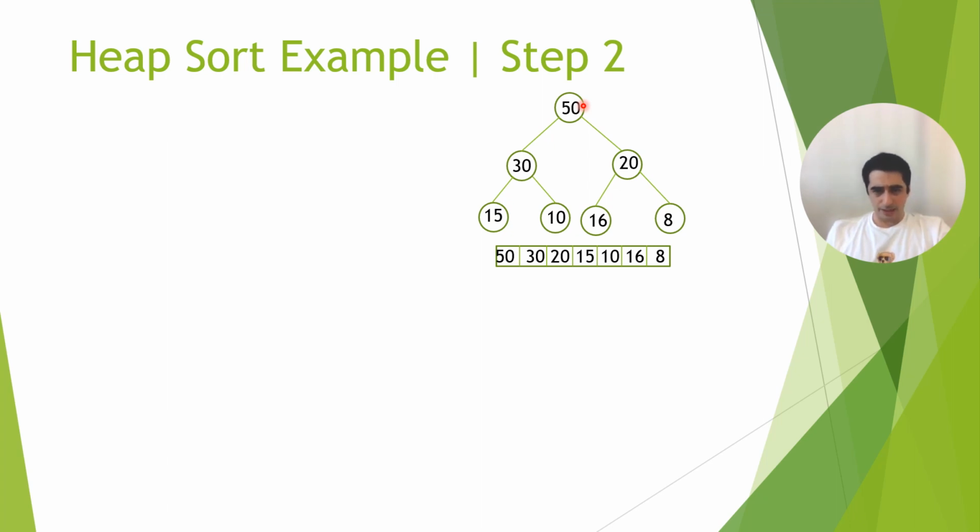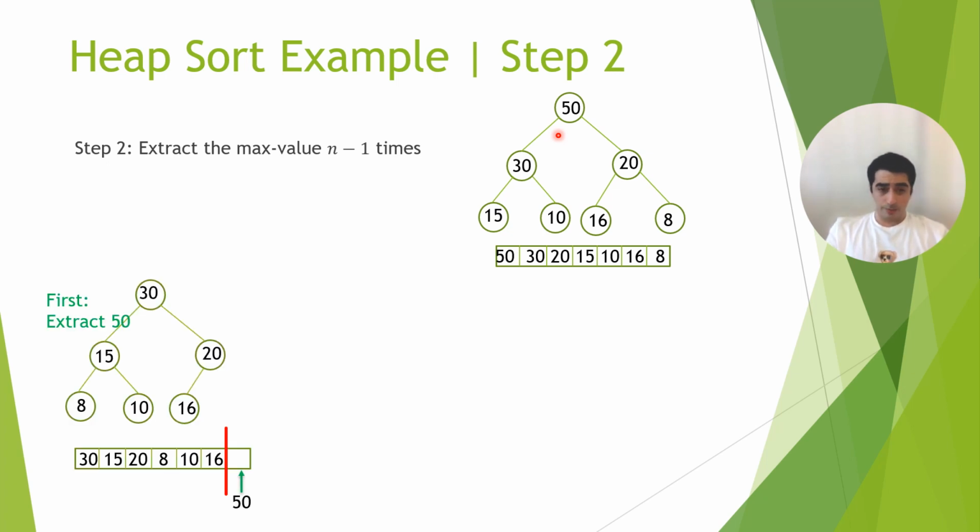The next step is to begin step 2, which is going to be extracting max n-1 times. The first step would be to extract the current root. In order to extract it, you remember the operation in the previous slides.